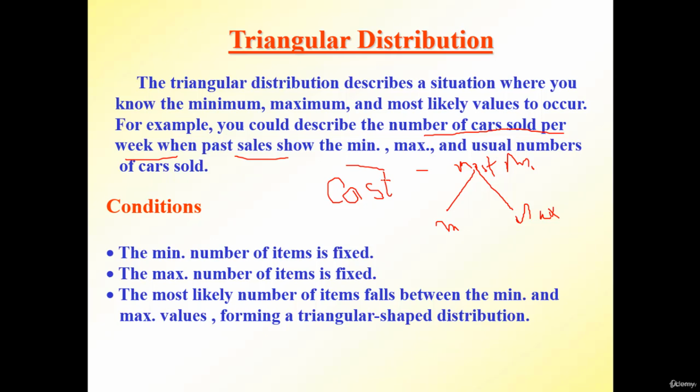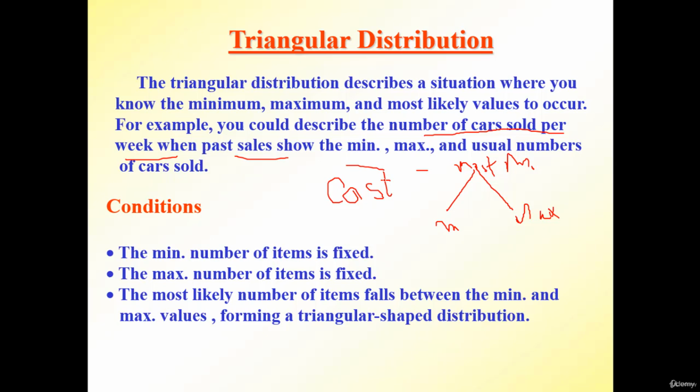In case of a variable, we use different distributions: normal distribution, lognormal distribution, and others. The triangular distribution can be used in case of time, and sometimes in some textbooks we use the beta distribution for the time itself, but for cost it can be the triangular distribution, because you have the price or cost with the minimum, most likely, and maximum.